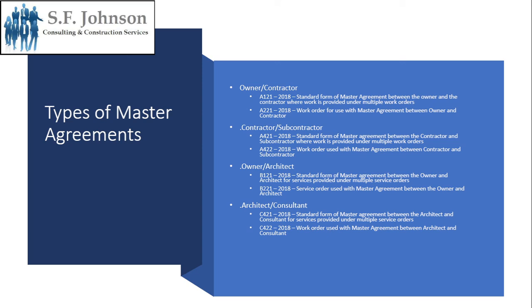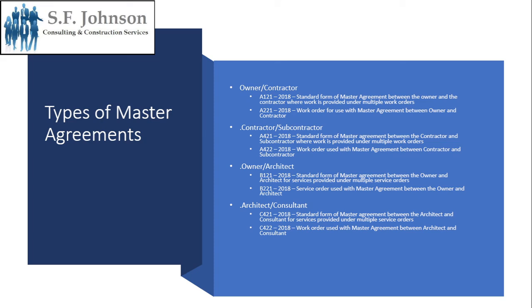For agreements between the contractor and the subcontractor, we have A421, edition 2018. So this is the standard form of master agreement between the contractor and the subcontractor, where work is performed under multiple work orders. And then the work order form itself is A422. And last but not least, nope, not last, owner, architect, and then architect consultant.